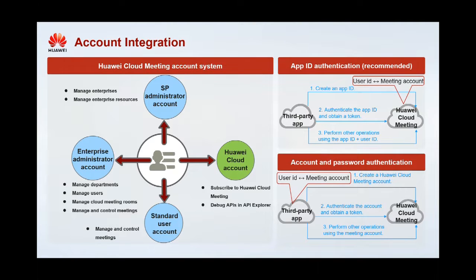In some scenarios, the third-party apps have a large number of user IDs, and only a small number of users need to use the capability of Huawei Cloud Meeting. This solution effectively solves the problem of one-to-many matching between Huawei Cloud Meeting accounts and the third-party app user IDs.